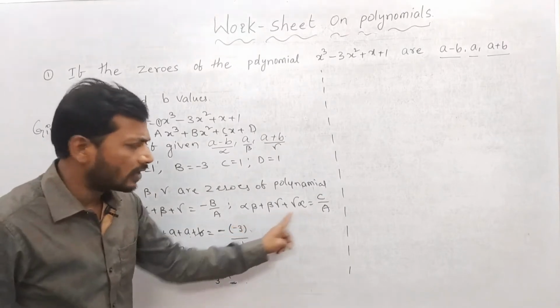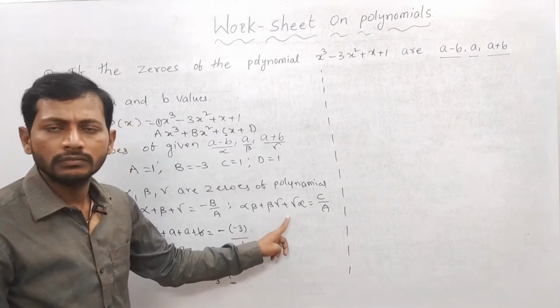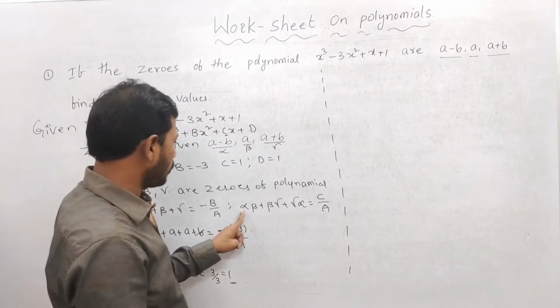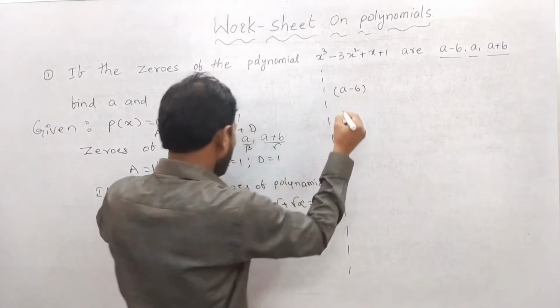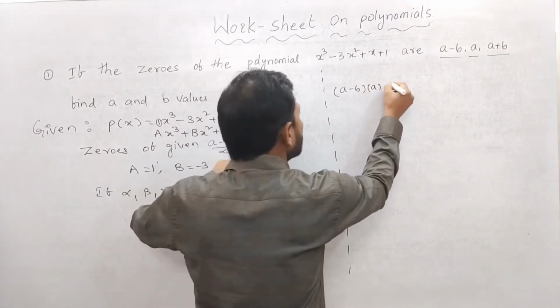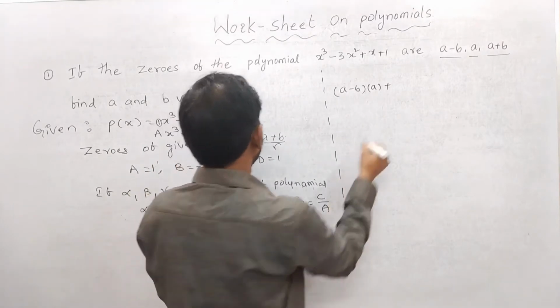And if you use this equation, what is going to happen? See it. If you get the answer, no problem. Otherwise we will use another method. Alpha into beta. What is the alpha value? Sir, a minus b into beta. Beta means a, plus beta into gamma. What is meant by beta? Beta is the a, sir.